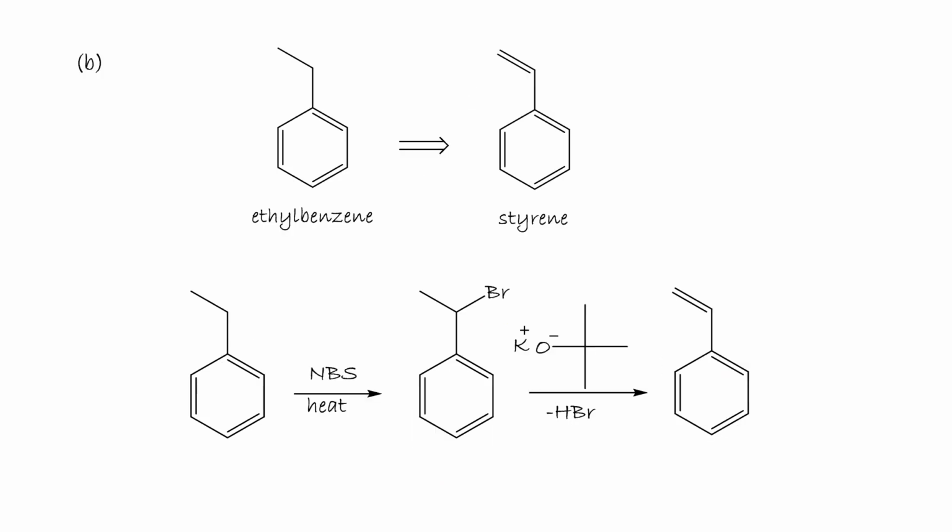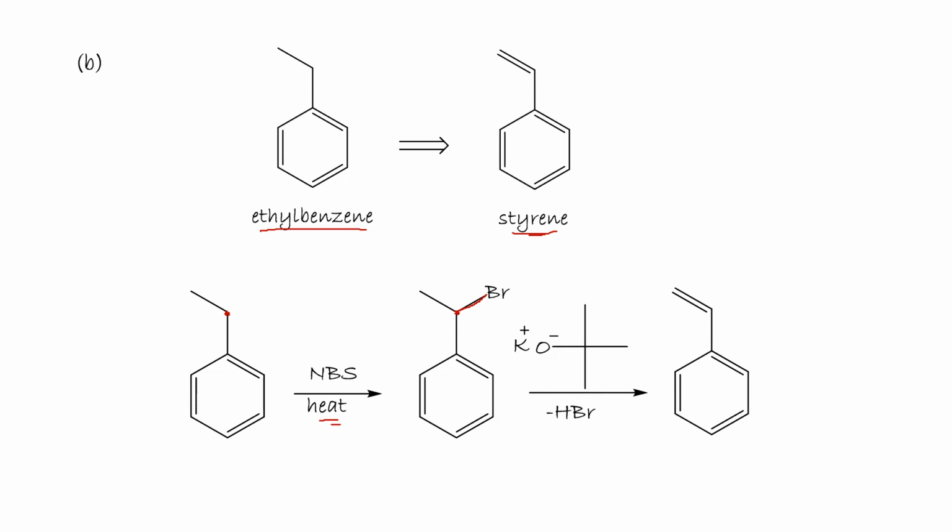How can we transform ethylbenzene to styrene? Again, we have here a benzylic carbon with 2 hydrogens. So we can react that with N-bromosuccinimide in the presence of heat to form the bromo analog on the benzylic carbon.